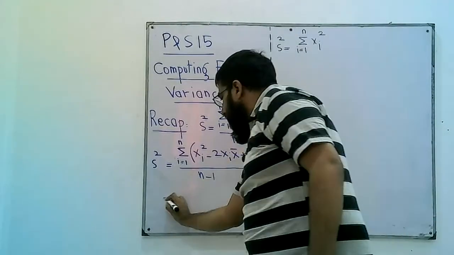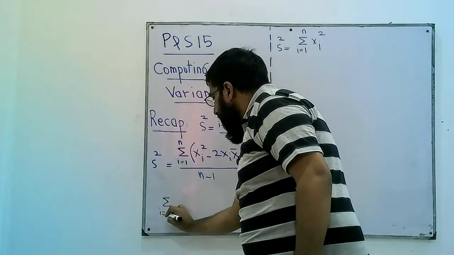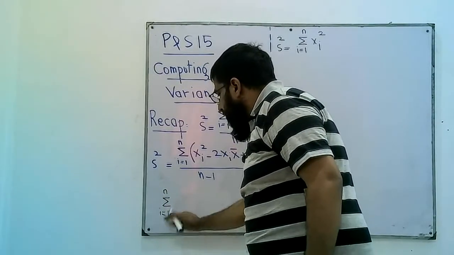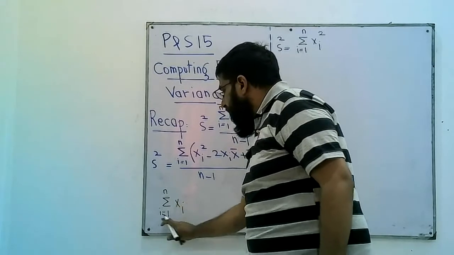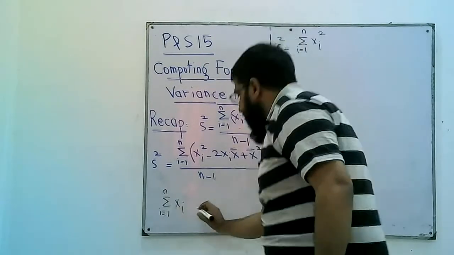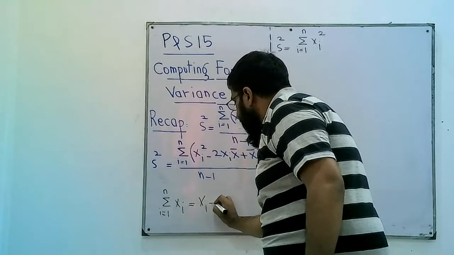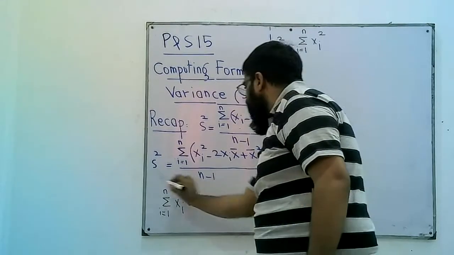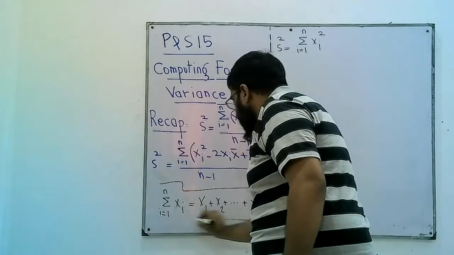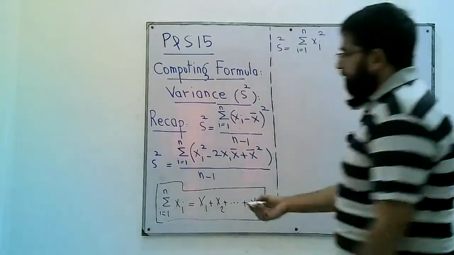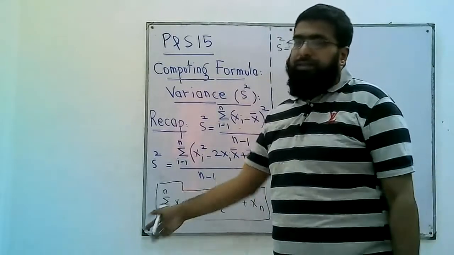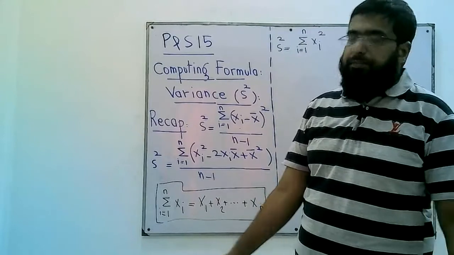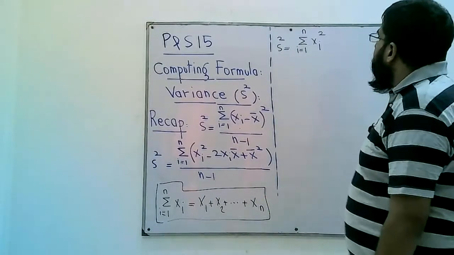We studied in one of our previous lectures that the summation from 1 to n of xi means x1 plus x2 plus x3 up to xn. It's a recap: summation is a Greek word that represents the sum, the addition of these numbers.